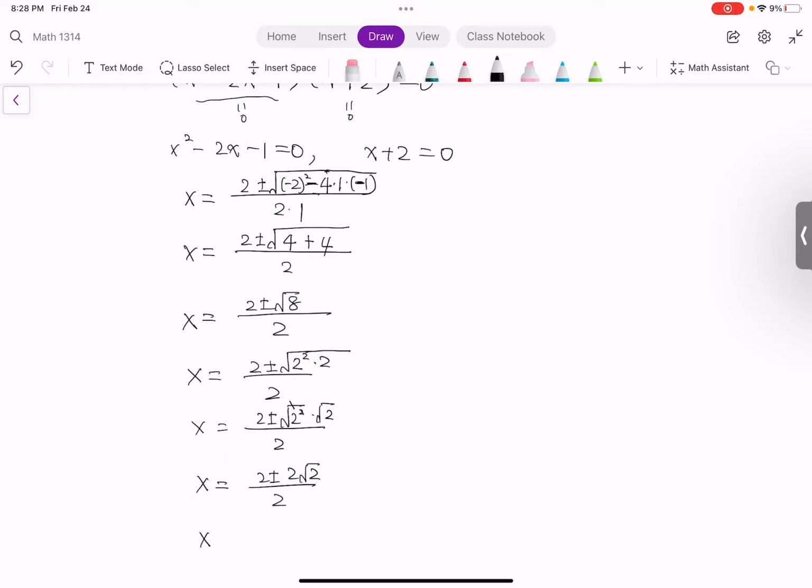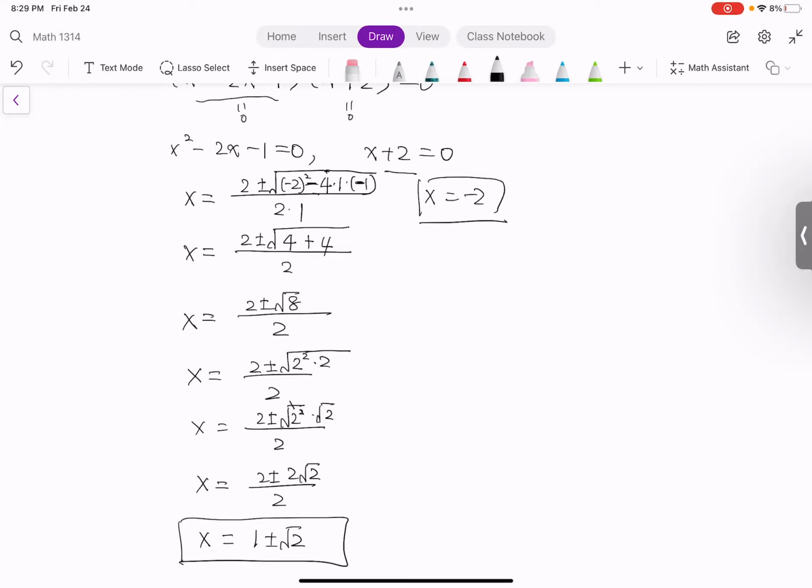Top and bottom can be divided by 2 at the same time. So it is 1 plus or minus square root of 2. Yay, we found this. And then another equation, don't forget this, x equals -2 because you subtract 2 from both sides.